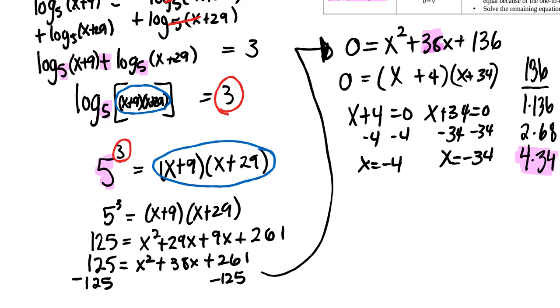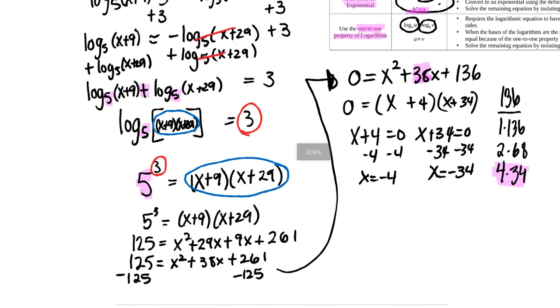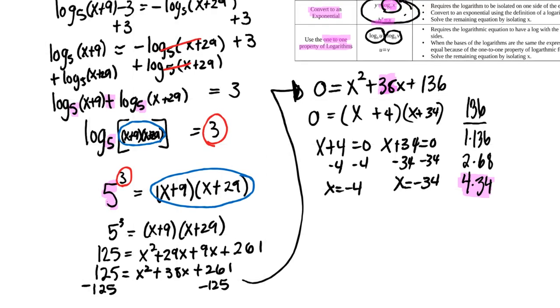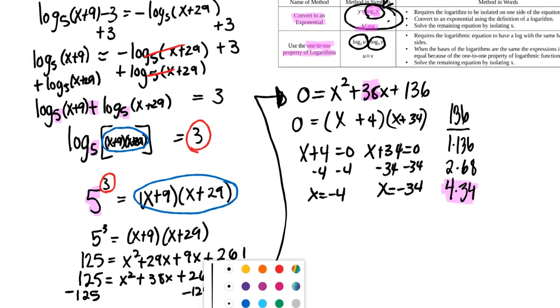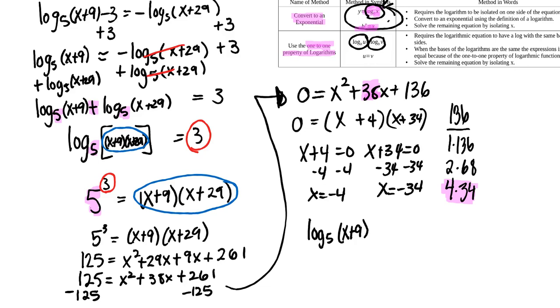Okay, but with every log equation you need to check. So let's see our original. Our original had log base 5 of x plus 9 minus 3 equals negative log base 5 of x plus 29. So if I were to put a negative 4 into this expression, I would get negative 4 plus 9, which is positive, so that's good.